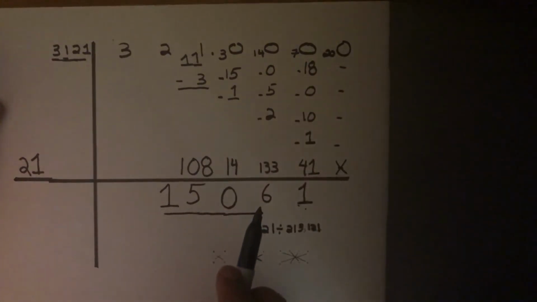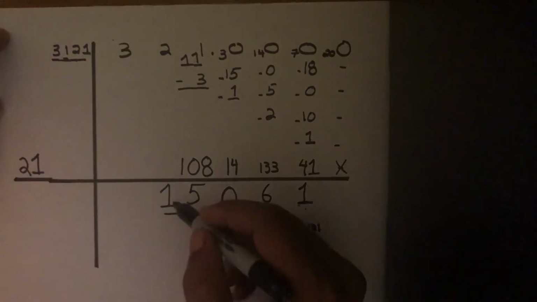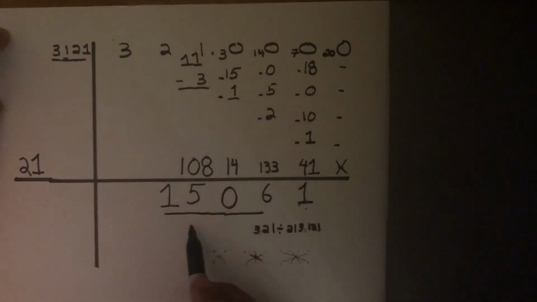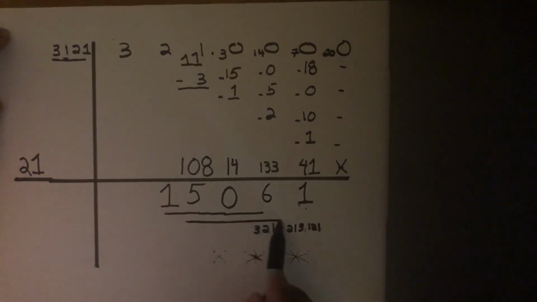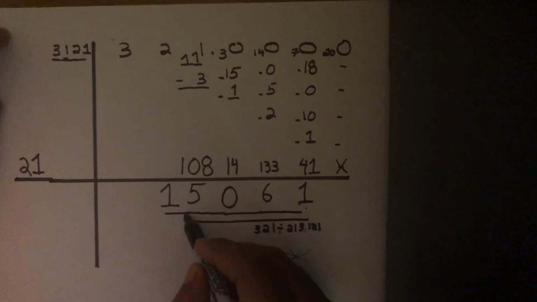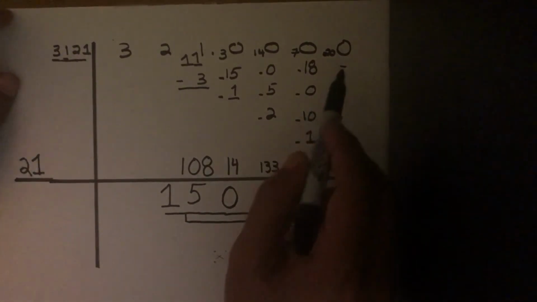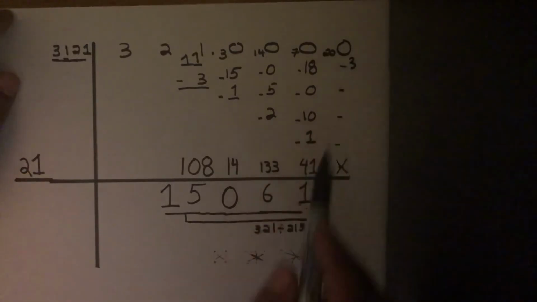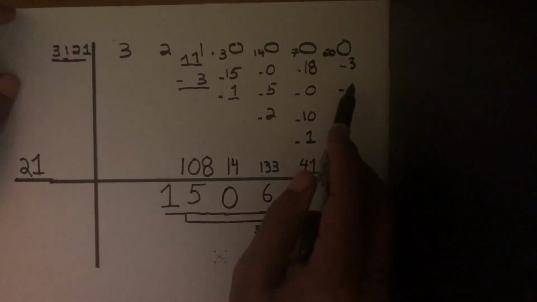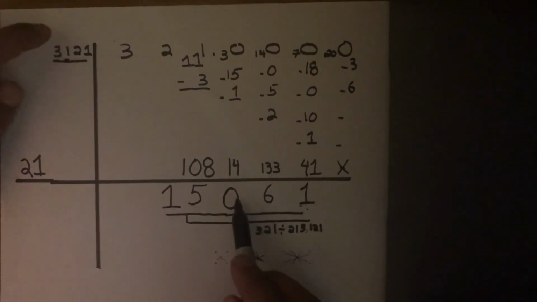Okay? Let's go one last step. So now I'm going to do 4 at a time. So I'm going to double underline this. I'm going to be working with this now. So contrary motion. 3 times 1 is 3. 1 times 6 is 6. 2 times 0 is just 0.